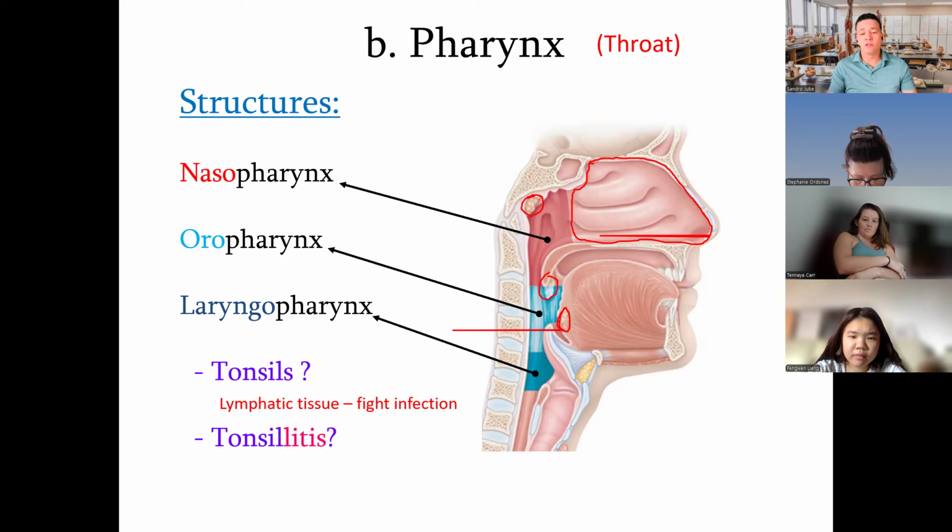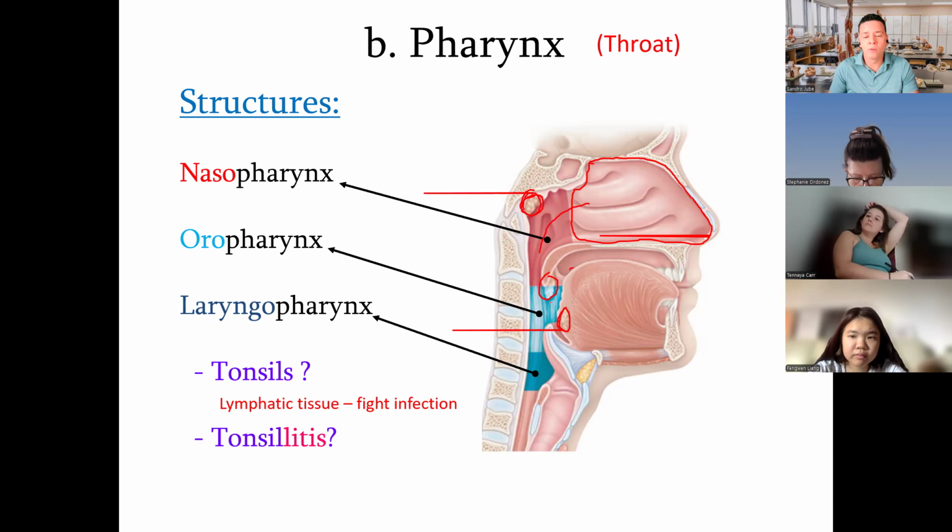The function of the tonsils is that we're going to find white blood cells within the tonsils, and they are going to check the air that is coming inside of our body. The tonsils are going to check whatever we're swallowing. As we can see here, as we inhale, the air is going to pass against the tonsils right here.